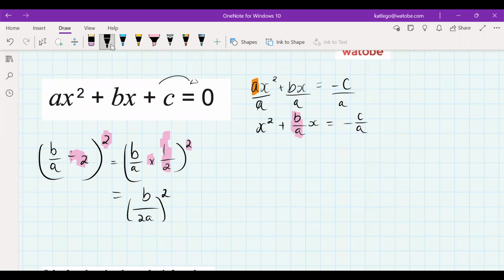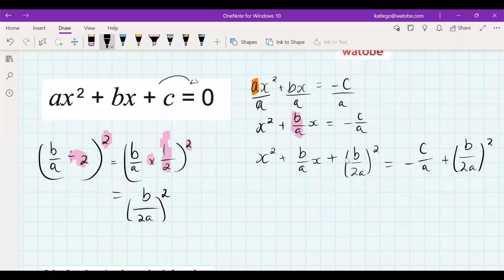Okay, you see now. So now we have found x squared plus B over A x plus our little sum that we did over there, which is B over 2A squared, equals what we do on the left, we do on the right. If you first want to write it on the left and then transpose it, that's fine. Do whatever you feel comfortable with.